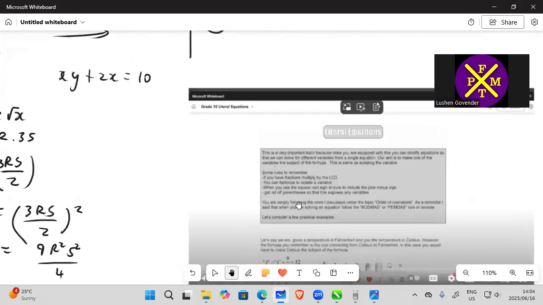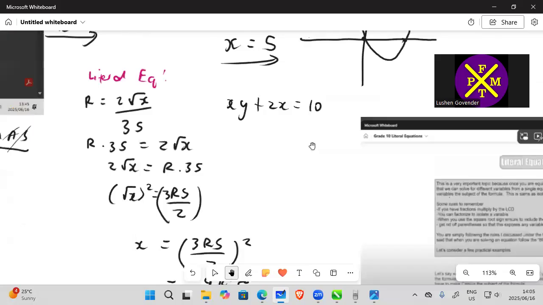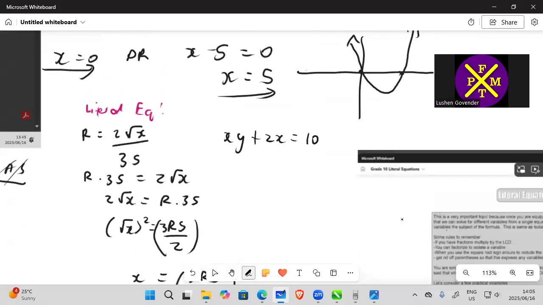But like in the video, you would see here that I talk about four different questions that you could possibly get and how to apply yourself in those scenarios. But like in this question here, you can factorize to isolate a variable. So if I told you to solve for x here, because these are unlike terms, I could only do it by taking out x as a common factor.